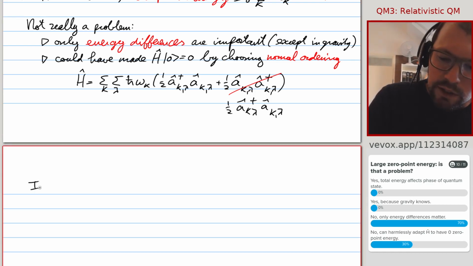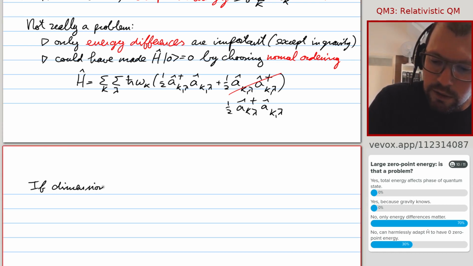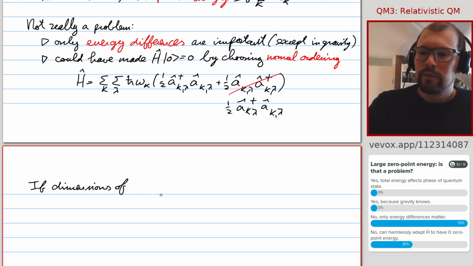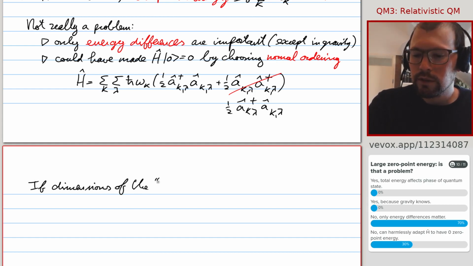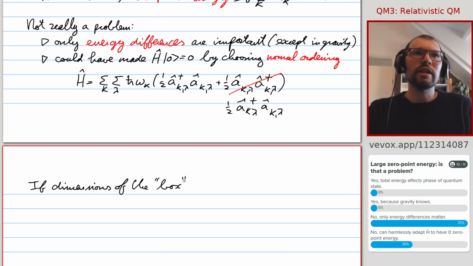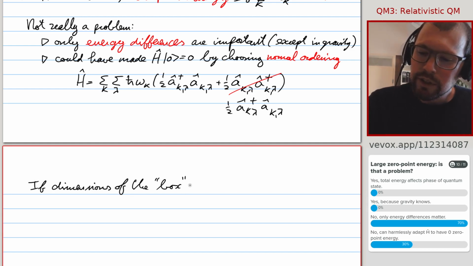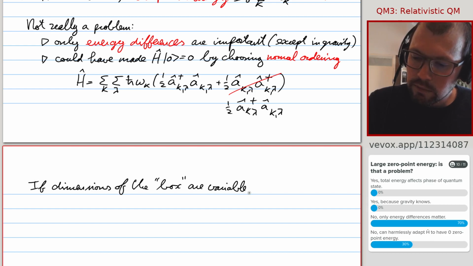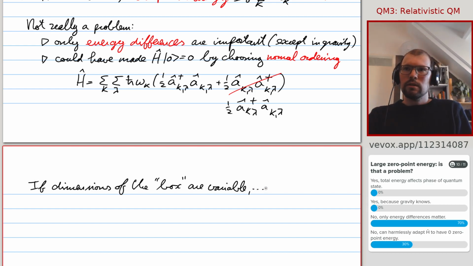So what happens if the dimensions of the box, so remember we looked at a periodic box of side lengths L, what if these side lengths are actually variable? What could be a consequence of the 0-point energy?